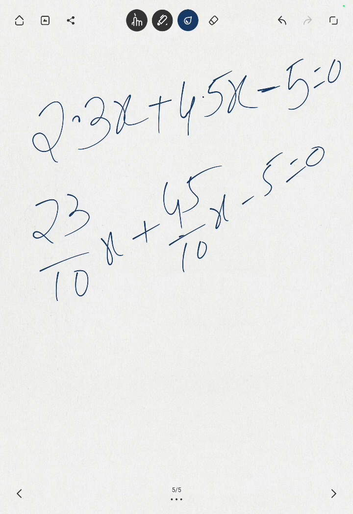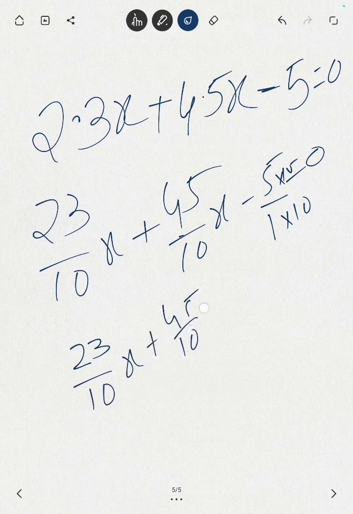Take the LCM of 10 and 10 as in the second example. So LCM is 10. So here 1 will be multiplied into 10, in order to make the like fractions, because we can only add or subtract like fractions. Plus 45 by 10x minus 50 by 10 equals 0. Now you know what to do.